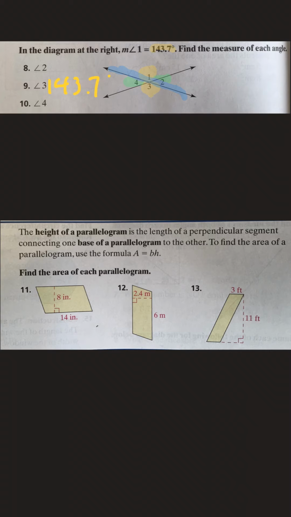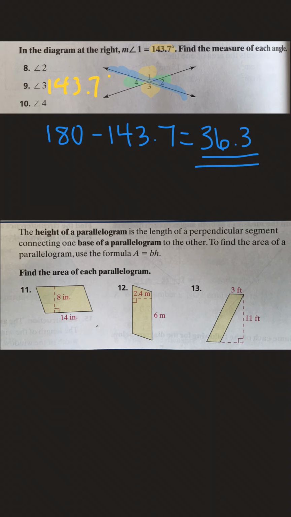So you can put that together in an equation. 143.7 plus x equals 180, or you can just take 180 subtract 143.7, which is going to give you 36.3. Therefore, angle 2 and angle 4 are going to equal 36.3 degrees.